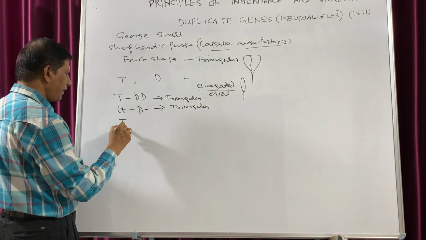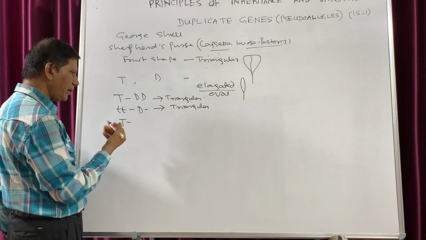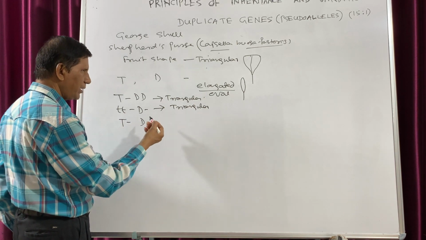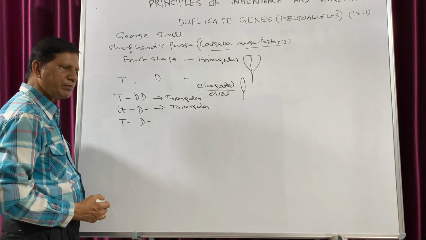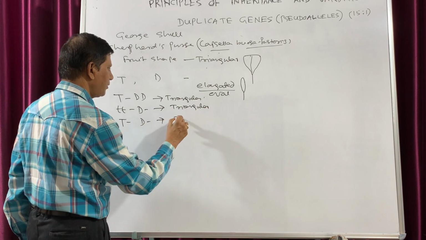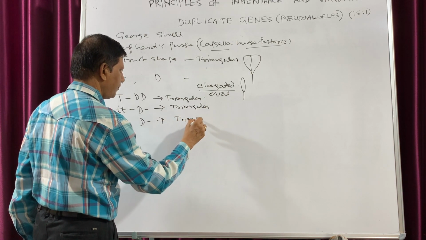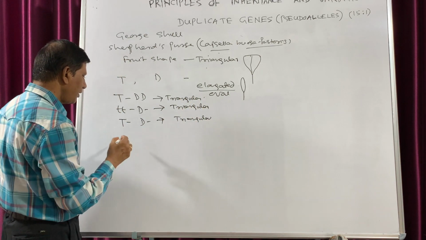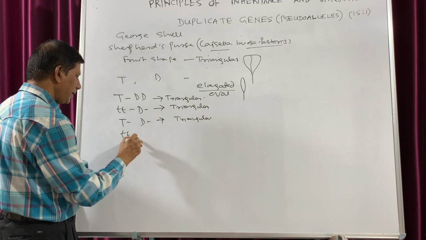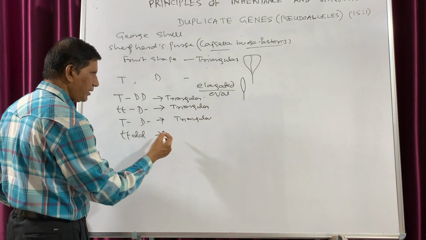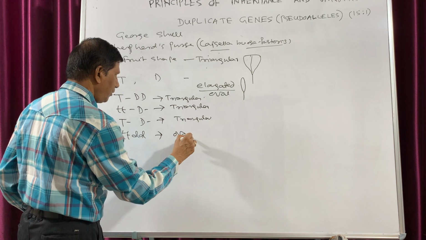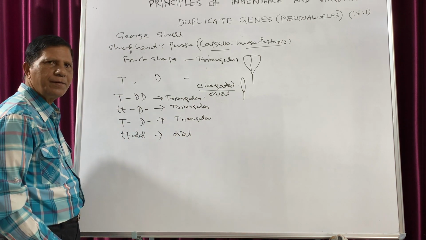Then if it is capital T, the other may be capital or small t, and the other one also may be capital D or small d, this also will give rise to triangular. And when all are in the lower case, it will give rise to oval or elongated.